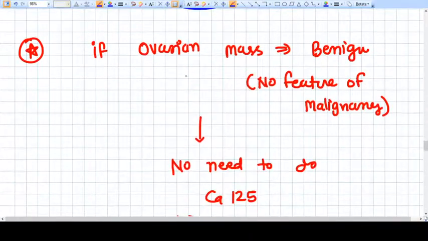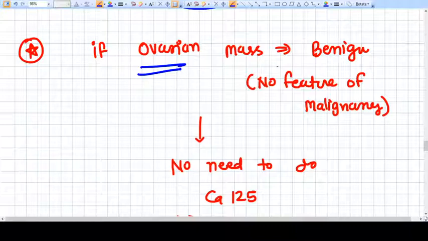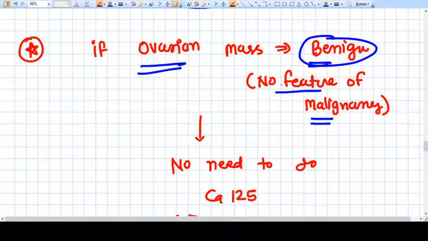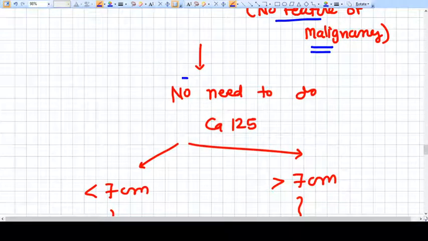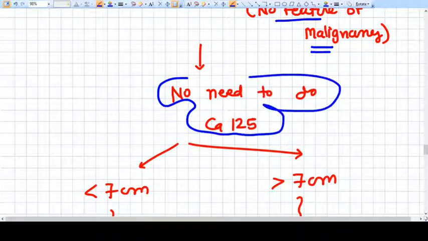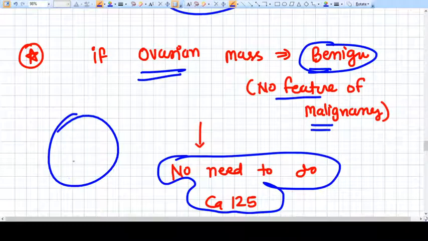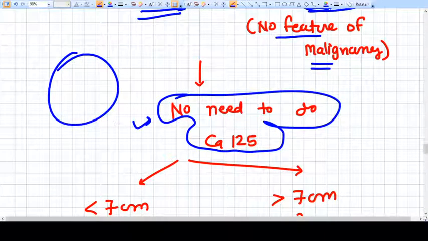Now, if you find an ovarian mass, and if you find it is benign, with no features of malignancy or very few features of malignancy, then you don't need to do a CA-125. For example, if you find a cyst and there are no malignant features, then you don't need to do a CA-125.